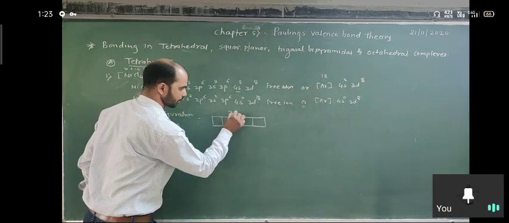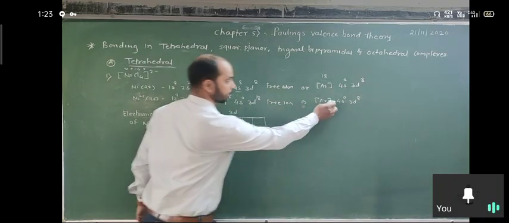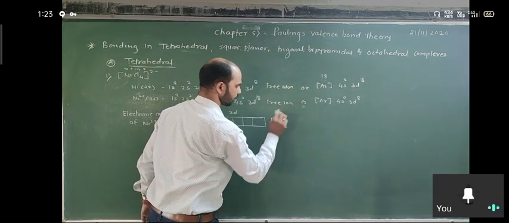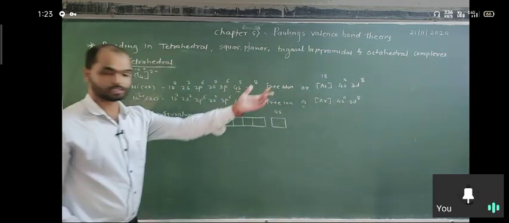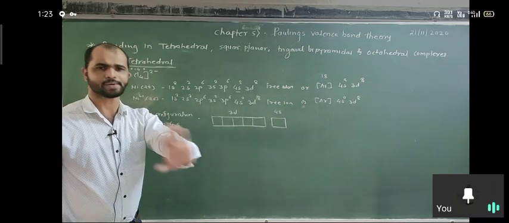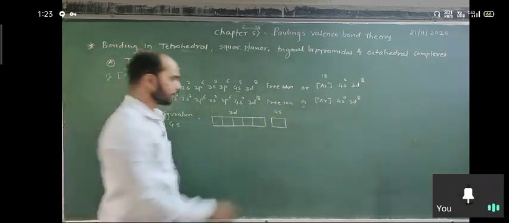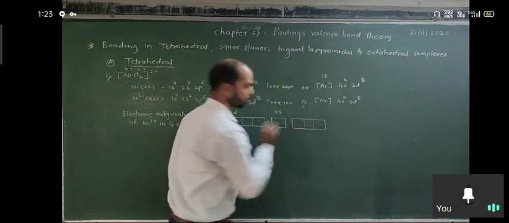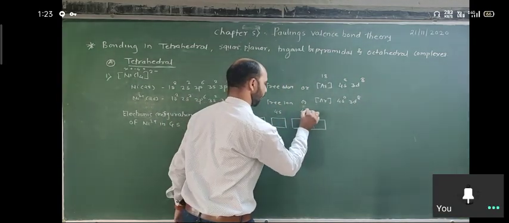So you mention here it is a 3d. Then only one orbital, it is a 4s. After 4s, the next one is 4p, which is always empty. 4p is always empty, but you mention it here. And p orbital has 3 suborbitals, so 4p.